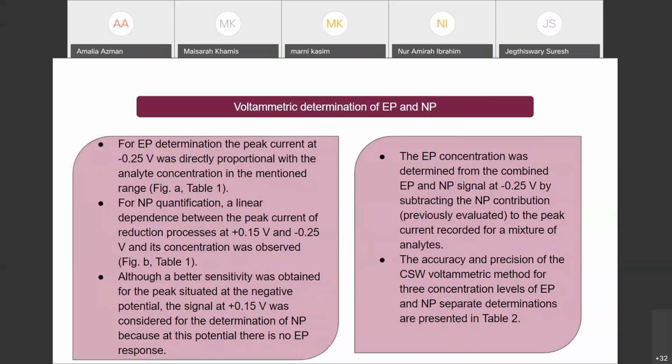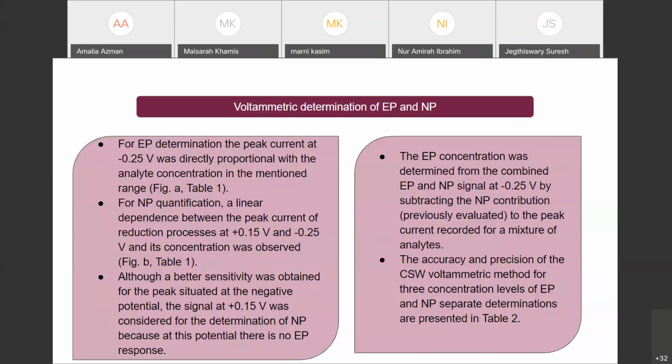So the NP concentration was determined from the combined EP and NP signal at negative 0.25 volt by subtracting the NP contribution previously evaluated from the peak current recorded for a mixture of analytes.